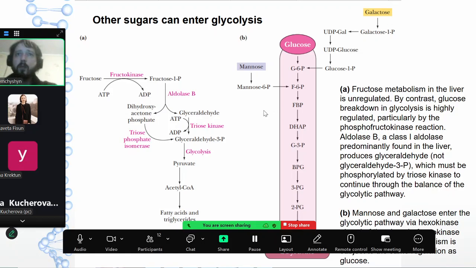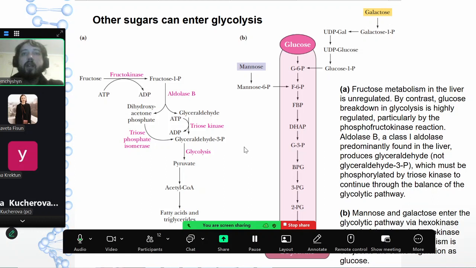Good. Other sugars can enter glycolysis, but they should do that through their own, let's say, pathways. So here you have a path for fructose. So fructose metabolism is unregulated, and by contrast, glucose breakdown in glycolysis is highly regulated.